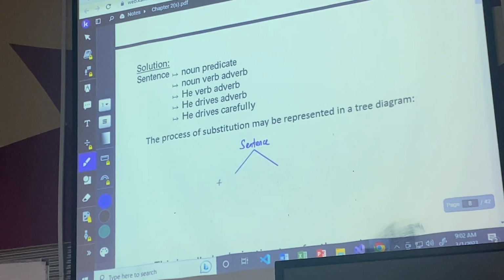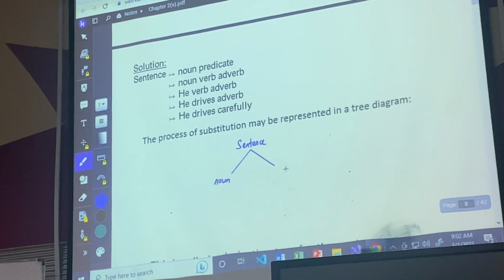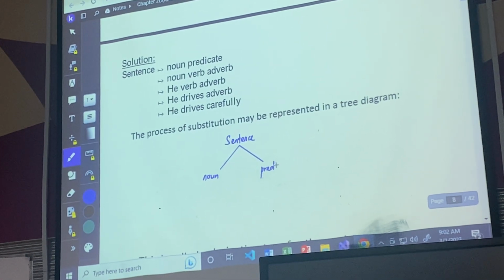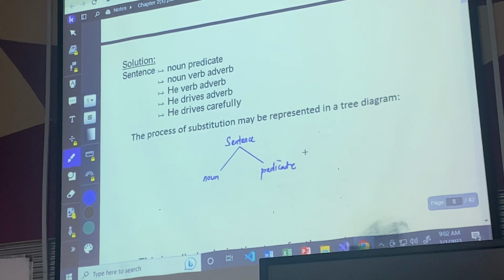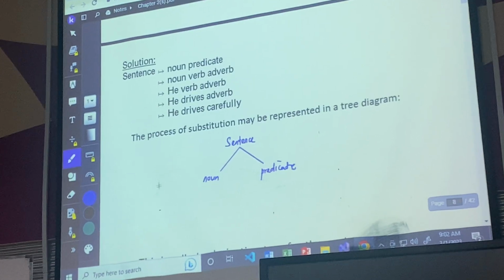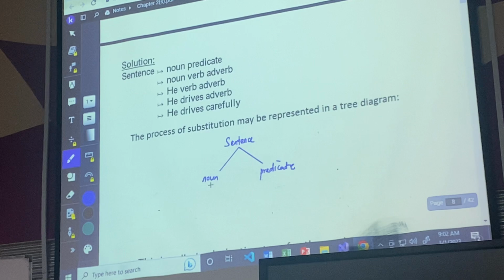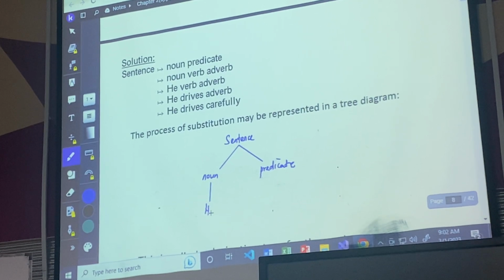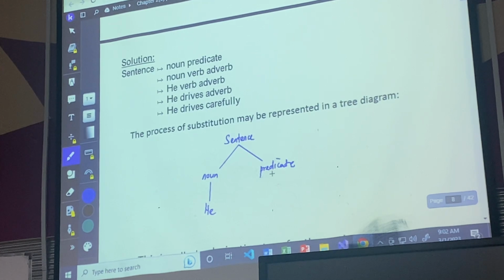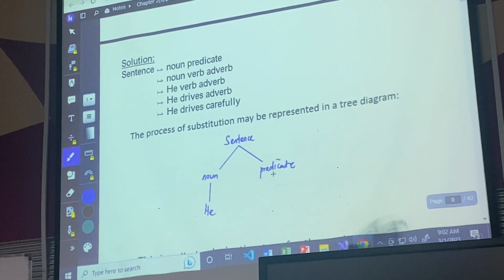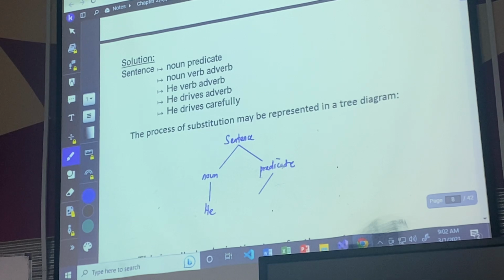So noun at the left, predicate at the right. Now we can replace the noun with he, and the predicate, what are we going to replace it with?